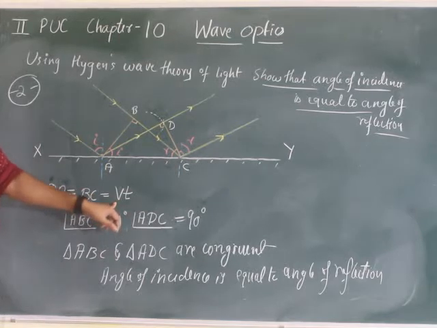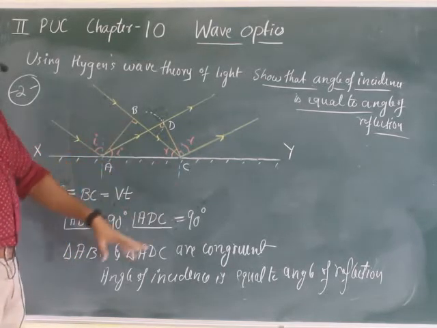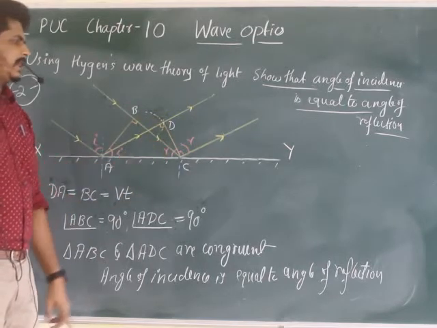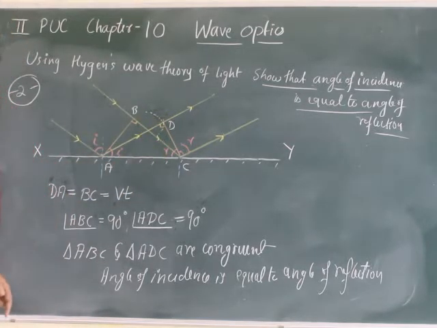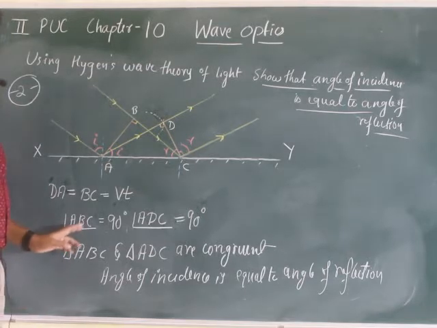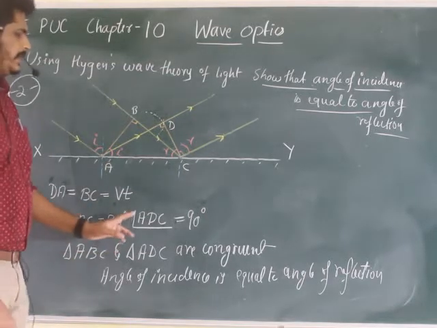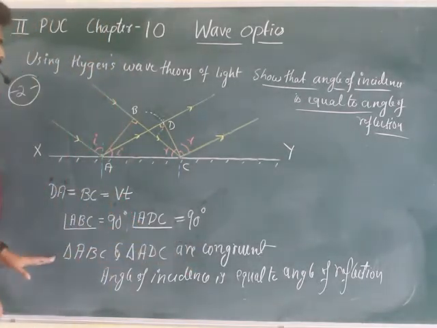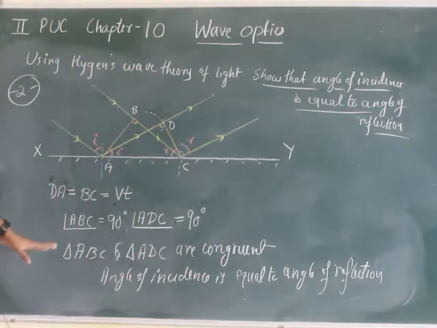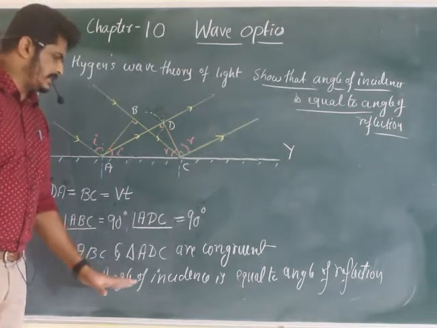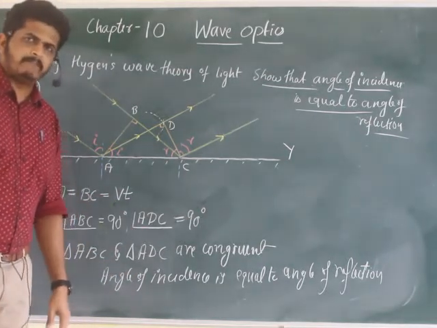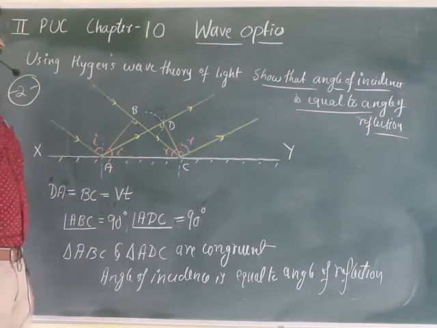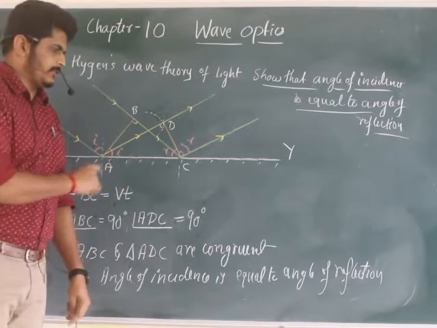Taking BC as a distance, we keep A as a point and draw an arc. For the arc, we draw the tangent from C. So now, angle ABC is 90 degrees, angle ADC is also equal to 90 degrees. By comparing, triangle ABC and triangle ADC are congruent. Hence we can conclude that angle of incidence is equal to angle of reflection. So this is the derivation.